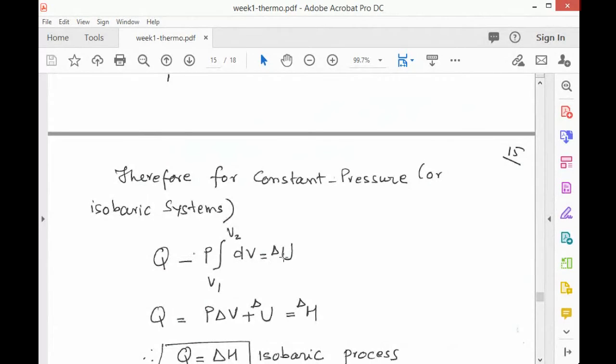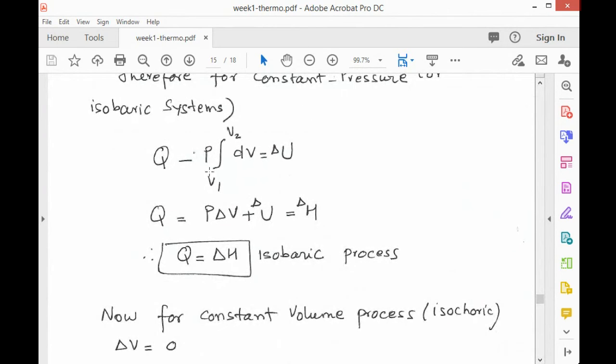This delta U goes to the other side, and we have P delta V. P delta V plus delta U, we know from the definition of enthalpy, H is equal to U plus PV. So delta H is P delta V plus delta U. So we can replace P delta V plus delta U by delta H. So for a closed system isobaric process, this is the formula. Remember, for an isobaric process, the heat Q is delta H.